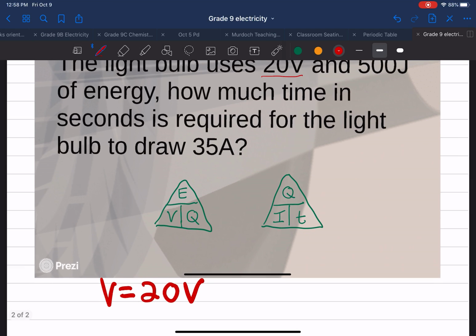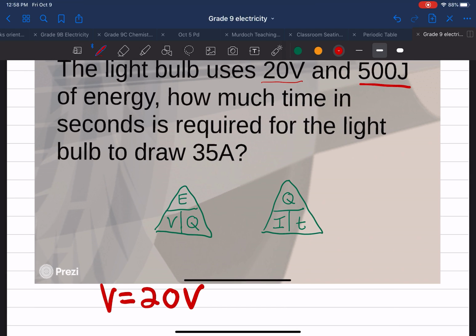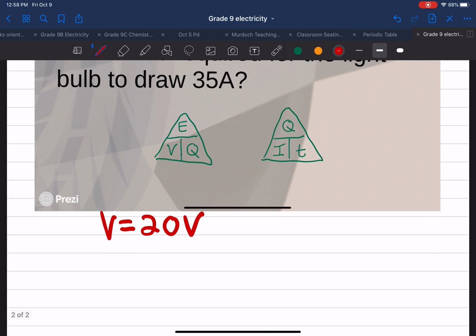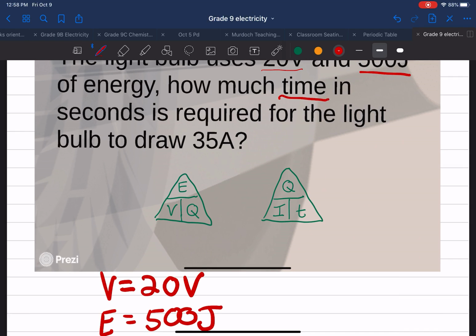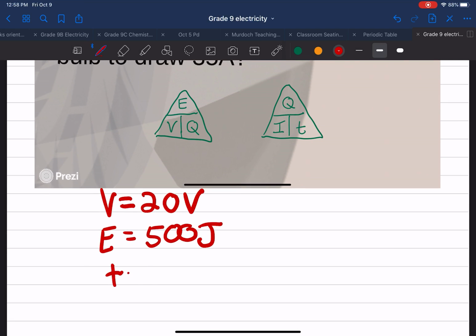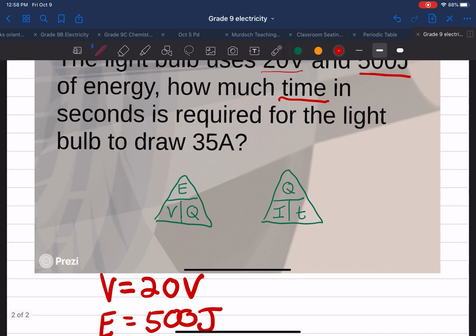We're also given 500 J's, so 500 joules. That J is joules for energy, so we're also given E, 500 joules. How much time? Now we want to know what time is. We don't have the variable for it. It's unknown, in seconds, so make sure your units are in seconds.